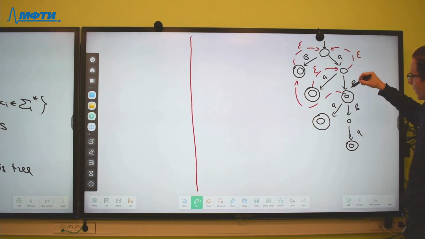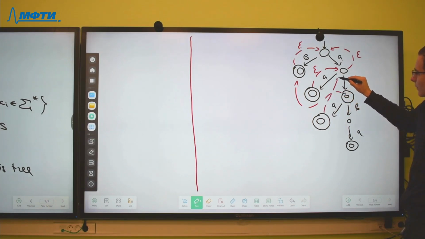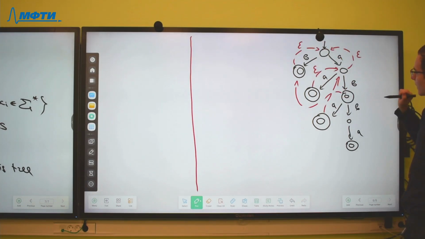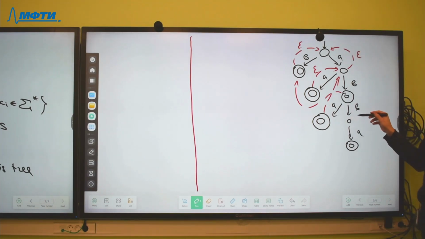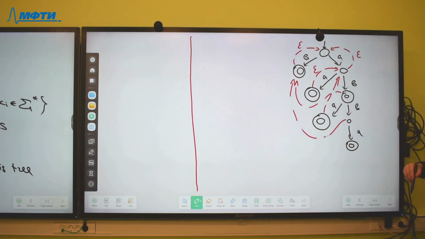Then ABA has the suffix A, because BA is not in the dictionary. ABB: BB is not in the dictionary, but B is in the dictionary, so I found such a suffix link. And for this word, BBA is not in the dictionary. BA is not in the tree.